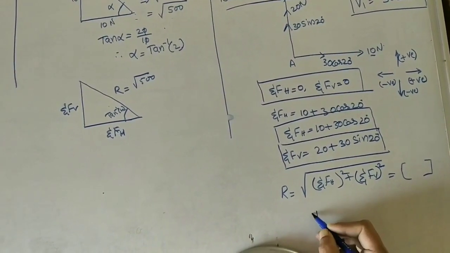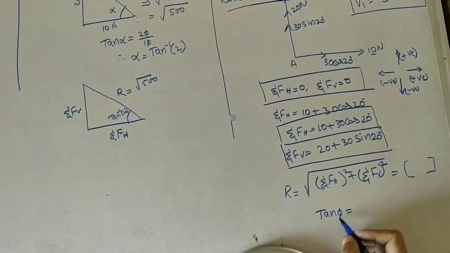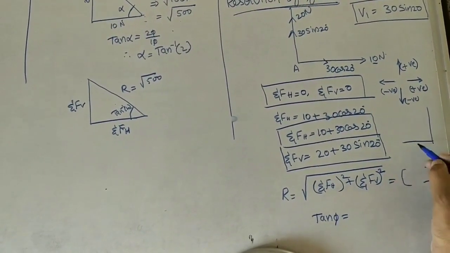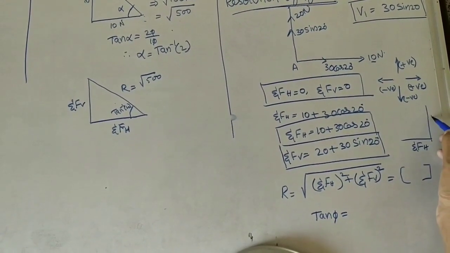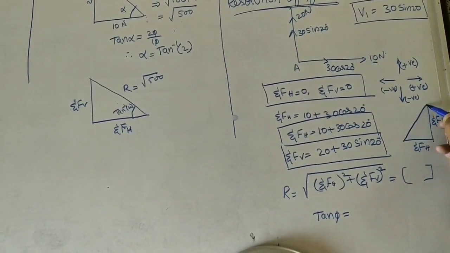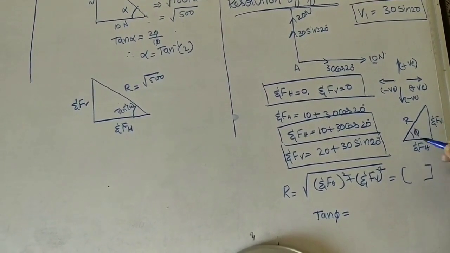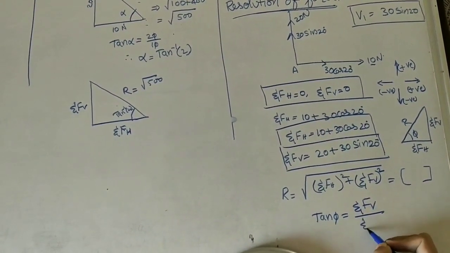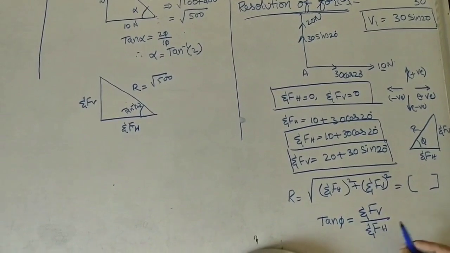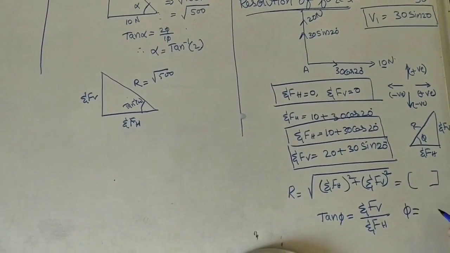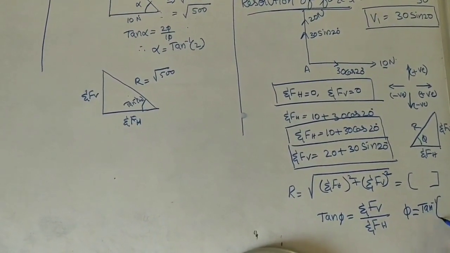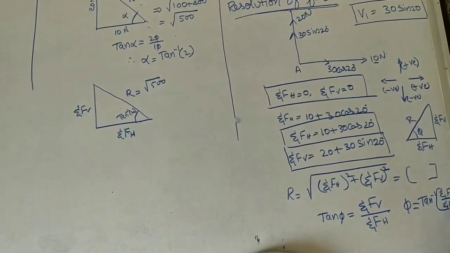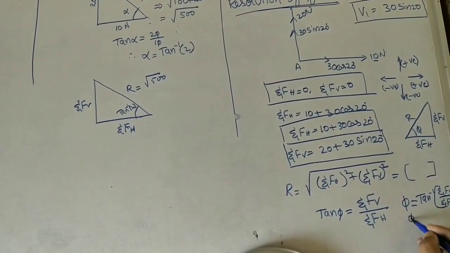If we are thinking it is making some phi angle, taking a right angle triangle, this is sigma Fh, this is sigma Fv, and this is the resultant. We need to find this angle. Tan phi is equal to sigma Fv by sigma Fh, so phi is equal to tan inverse of sigma Fv by sigma Fh. By using the calculator we will get this phi angle.